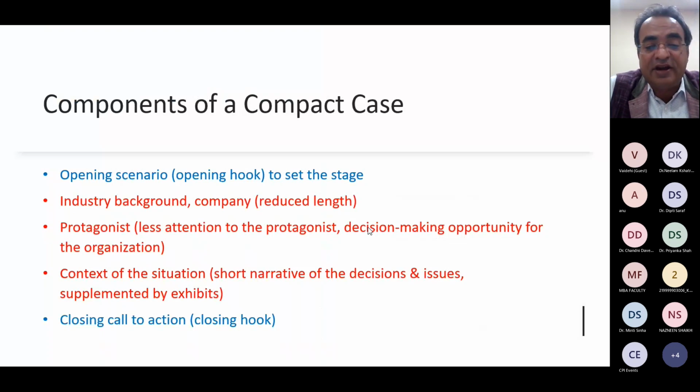Then you have an industry background and a company background, in the second para or the third para. Then you have a dedicated para on the protagonist. Then you're looking at establishing or clarifying the context of the situation. And finally, you have an end para, which looks at a closing call to action, which is also known as the closing hook.